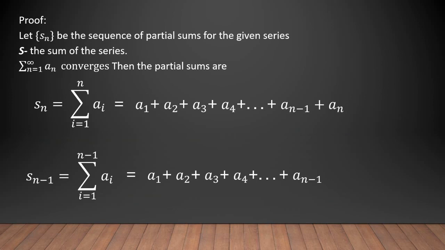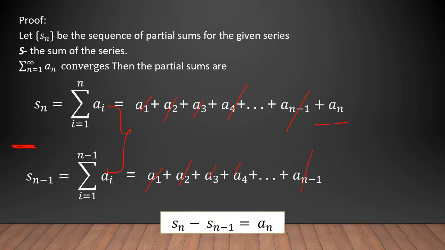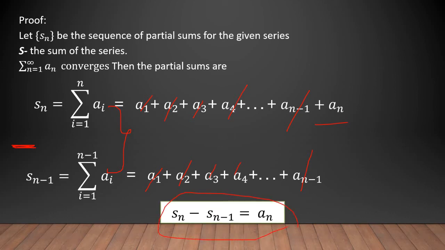Now, if we subtract these two series, Sn minus Sn minus 1, we can cancel these because that will be equal to 0, and this one also, cancel, cancel, cancel, until only an is left. Therefore, when we subtract Sn and Sn minus 1, that will be equal to an. So we were able to show this one.